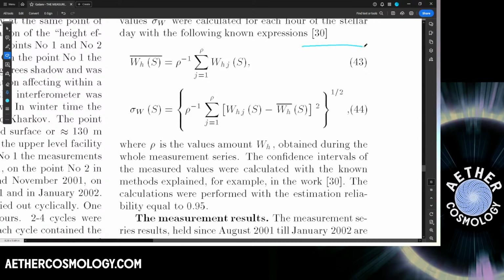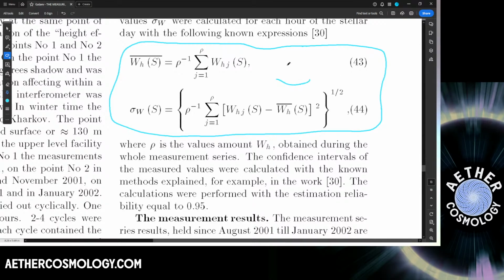Alan, that's the W with the bar over it. That's the mean sidereal value. It's basically a weighted average, well, it's an average. And the sigma W is actually the standard deviation. So that bar on top, what was that again?